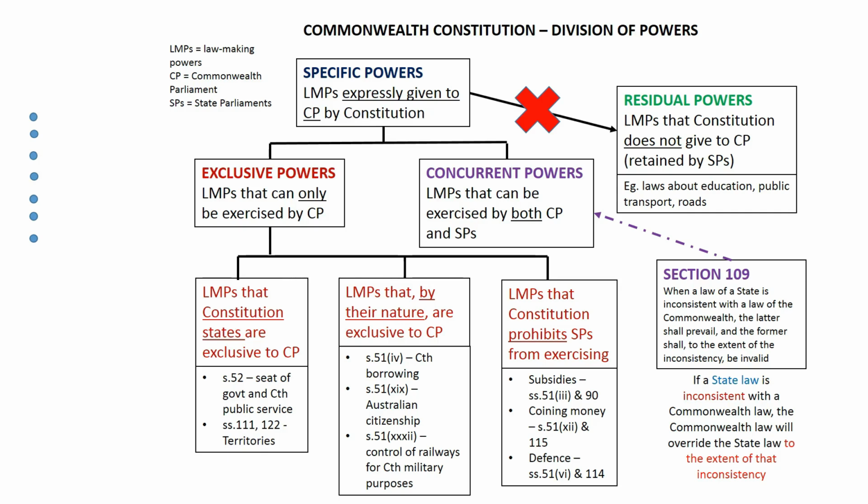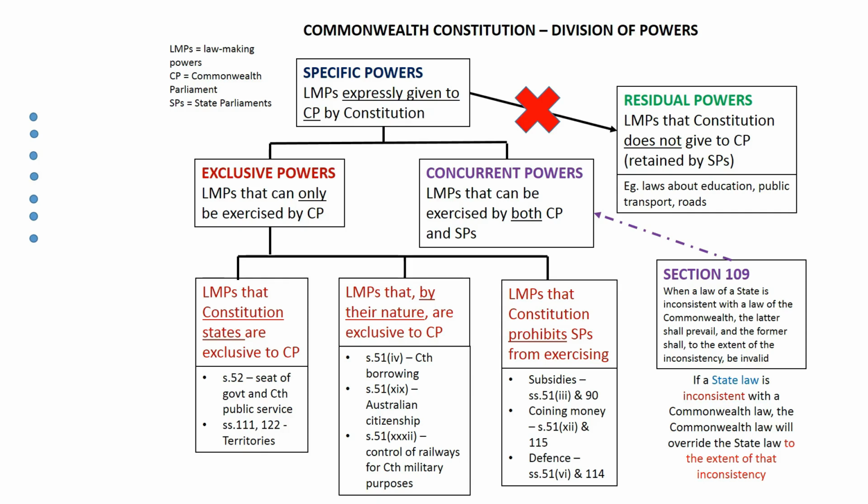So Dr. McBain took his case to the Federal Court. It didn't go all the way to the High Court, but was taken to the Federal Court, and he asked the Federal Court to make a declaration that Section 109 of the Constitution applied, so as to strike out that part of the State Act that was inconsistent with the Commonwealth Act.